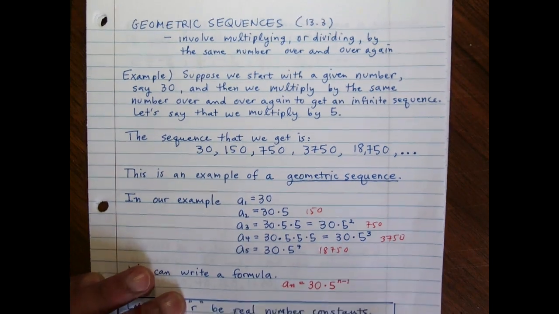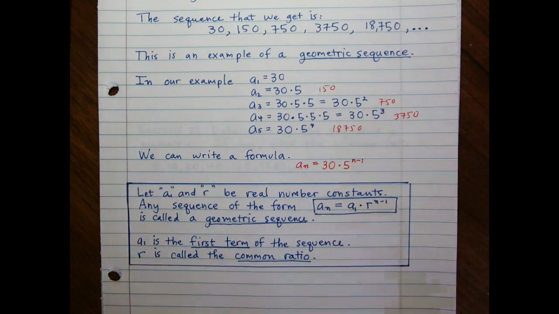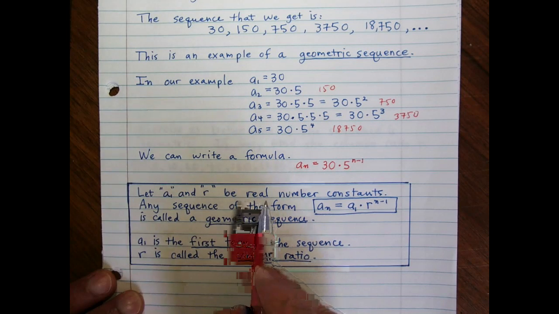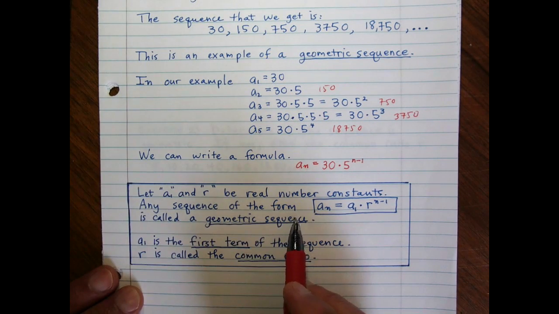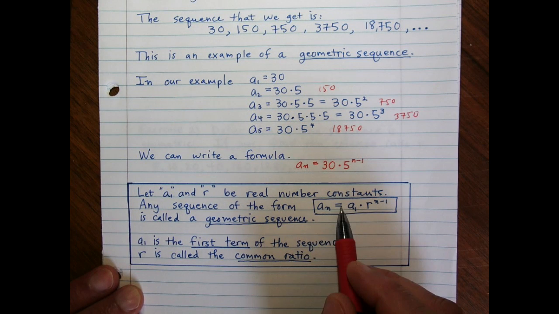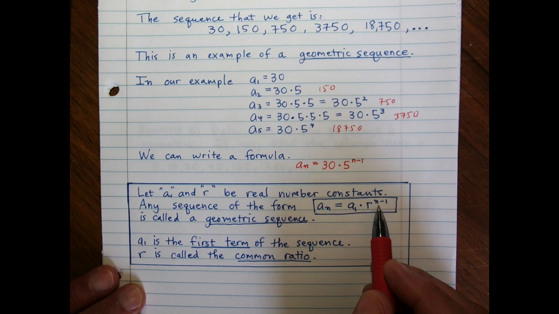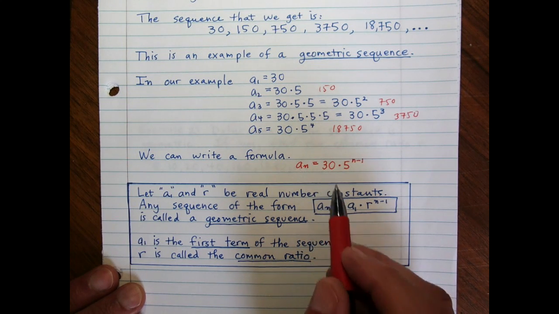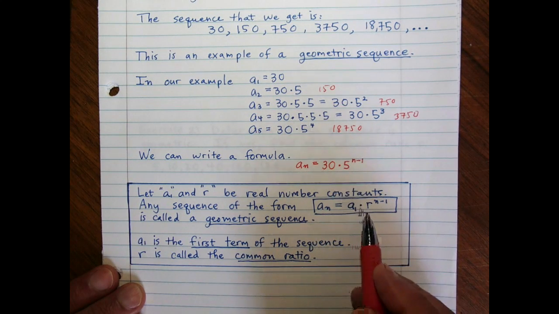And we can also just make a more general statement about geometric sequences. If we let a sub 1 and r be real number constants, any numbers, then any sequence of the form a sub n equals a sub 1 times r to the n minus 1 is called a geometric sequence. So think of our example. That was a sub n equals 30, the a sub 1, times 5 to the n minus 1. 5 is the r value.